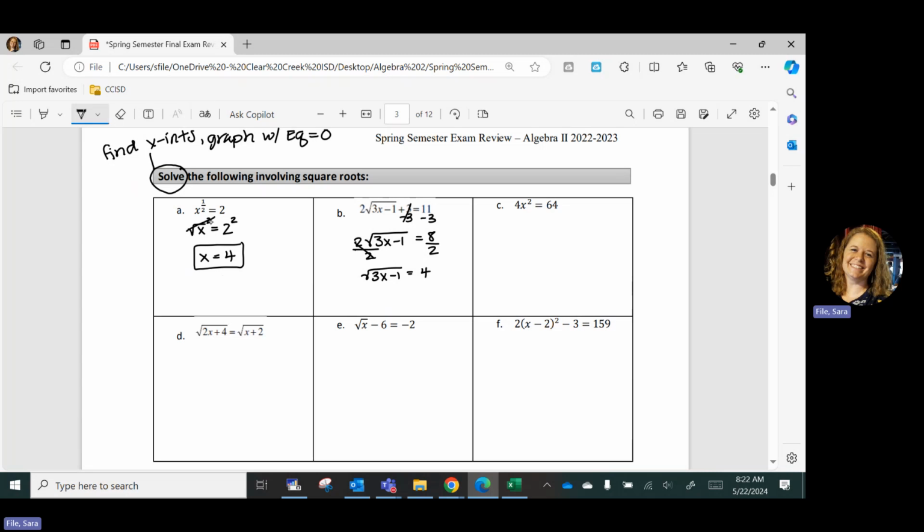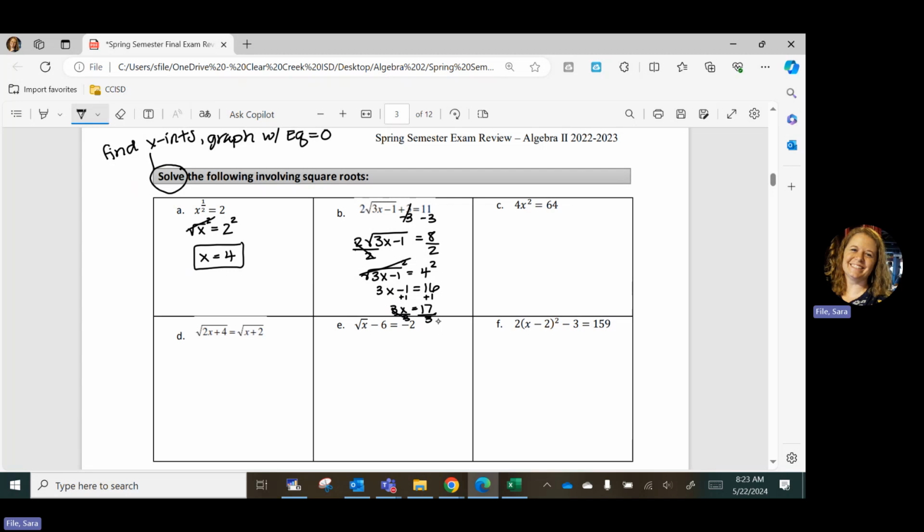Now I can square both sides just like I did in part A. So I'm going to square both sides. And 4 squared, 4 times 4 is 16. And then it's just a basic algebra problem I finished solving. So I add the 1, 3x equals 17, and divide by the 3. So x is 17/3.